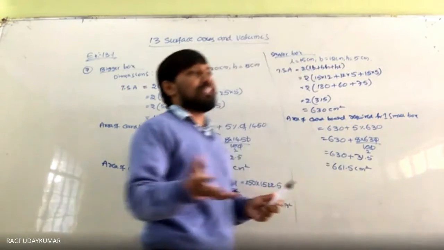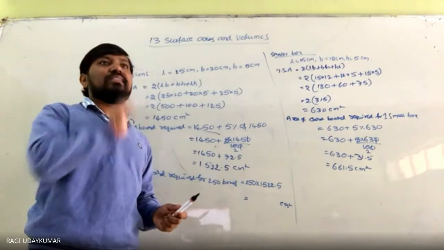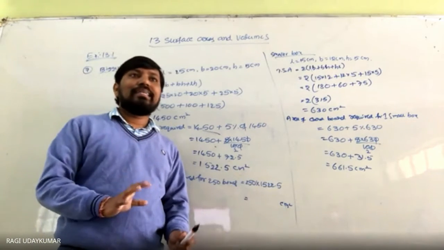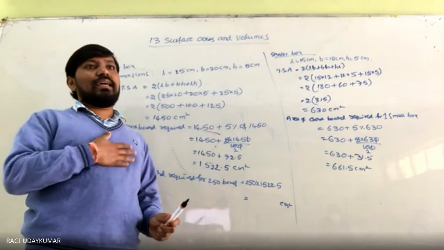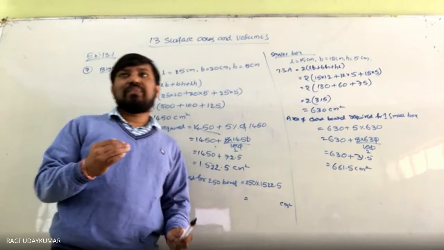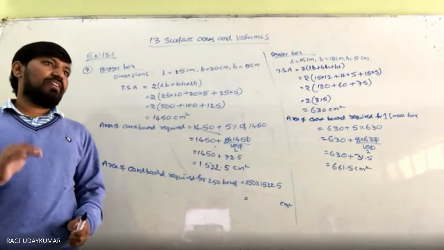The cost is given to you, 4 rupees for 1000 centimeter square. So after getting the total, divide by 1000 and multiply by 4, then you are going to get the final cost. That part I am giving to you to do.